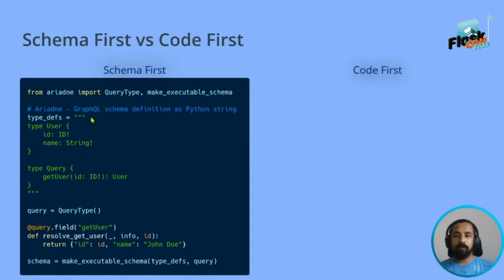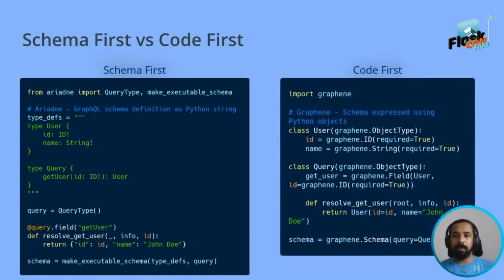Now coming to the code first solution, the code will be the source of truth. Here is the corresponding API using a code first solution. This example uses the Graphene library. Here we can see the class user is created, which is a GraphQL type, with the fields ID and name expressed as attributes of this class.